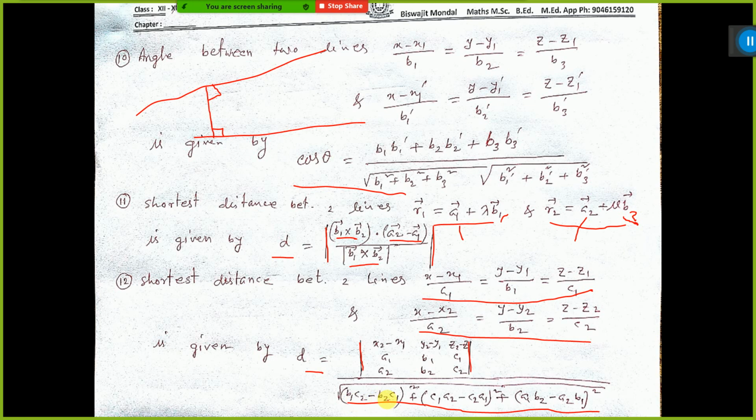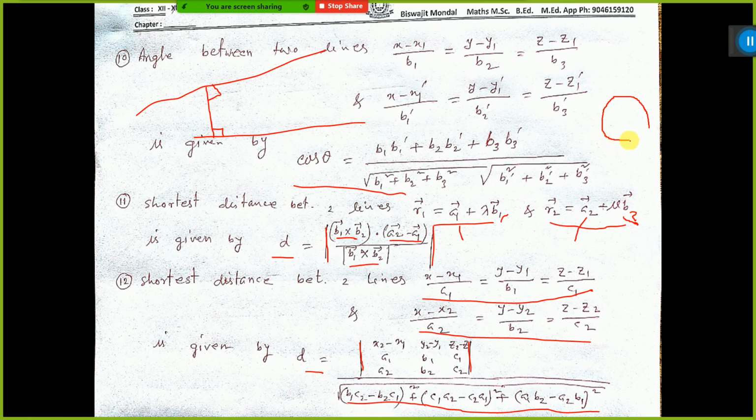See, B1 C2 minus B2 C1, just the coefficients interchanged. Here it is C1 A2 minus C2 A1. Here A1 B2 minus A2 B1. And see, if you take B, you have to take C. If you take C, you have to take A. After C, A is coming. How is it? I am showing you.